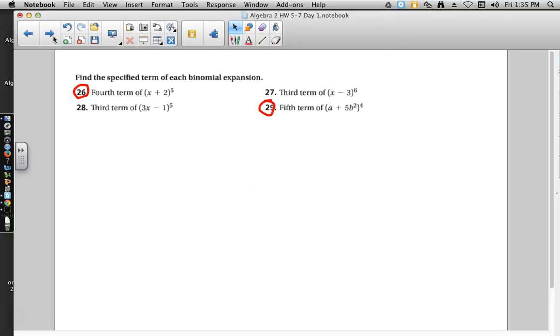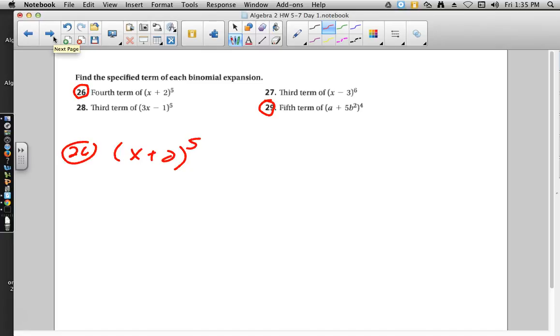Next one is number 26. We are supposed to find the fourth term of x plus 2 to the fifth. All right. So I think about my a's, which in this case are x, and I realize if they want the fourth term, I have to start counting down from 5. So it's 5, 4, 3, 2.